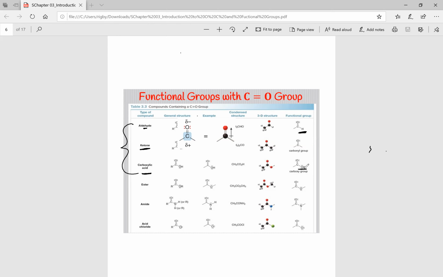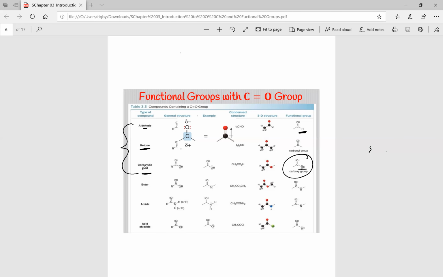Also, a carboxylic acid is stabilized by resonance. So this guy is pretty acidic, and that's why it's called a carboxylic acid. And I don't really have any big mnemonics to remember ketones. I'm trying to think of any right now, but if you can think of one, just leave it in the comments or message me because that'd be really cool.